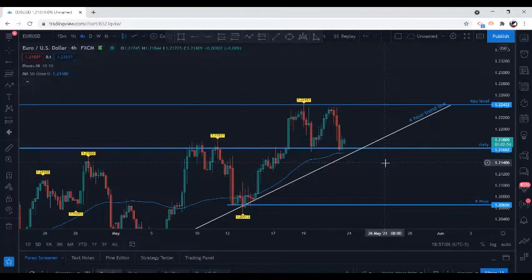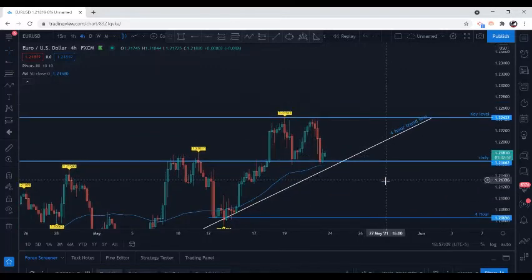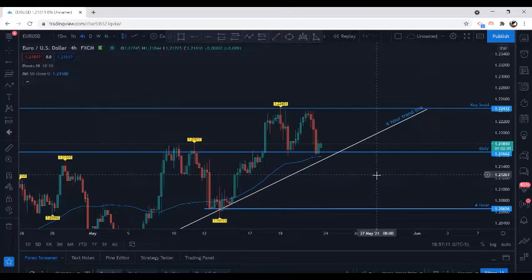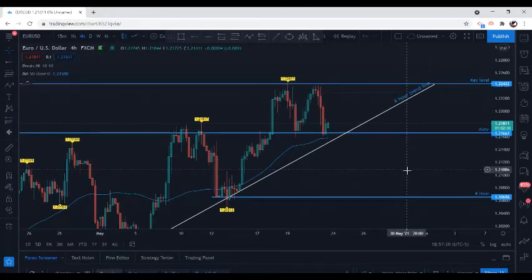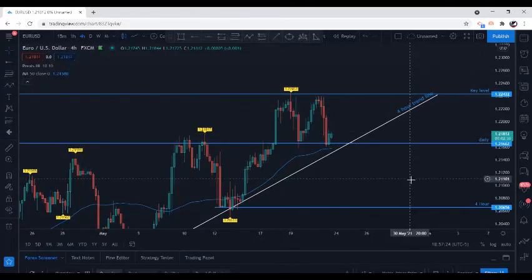However, we're seeing a lot of weakness. So this week we just have to be patient and allow the market to do its thing, and then whenever we see a high probability opportunity, we can go ahead and take that trade.